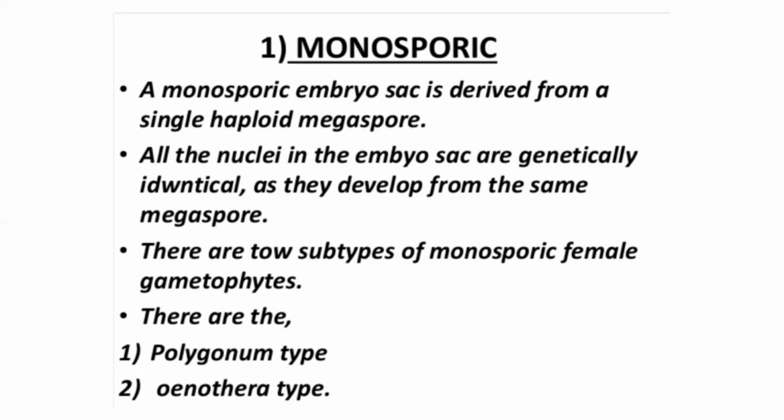In monosporic, all the nuclei in the embryo sac are genetically identical as they develop from the same megaspore. There are 2 subtypes of monosporic female gametophytes, Polygonum type and Oenothera type.